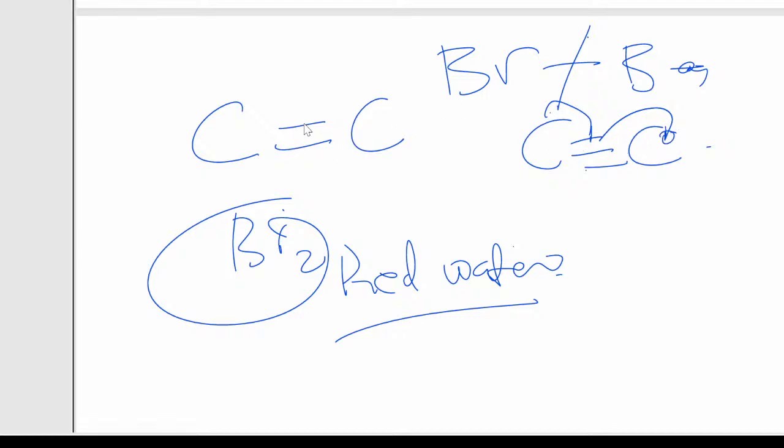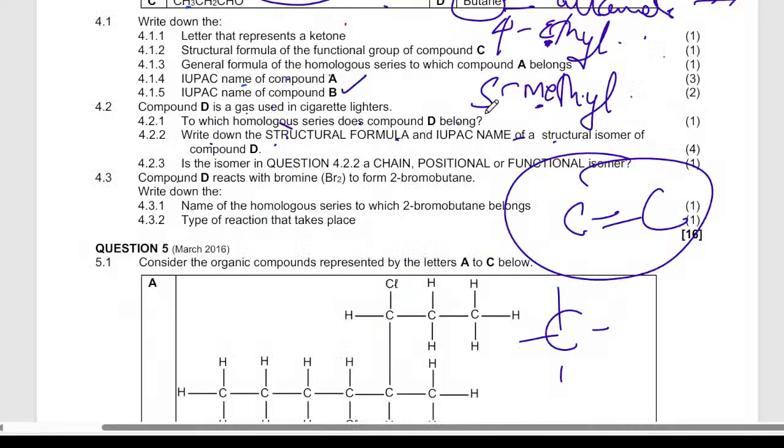If it was a double bond, one part goes there, another part goes there, then it becomes saturated. So it converts it from unsaturated to saturated. Bromine is used to test whether a compound is saturated or unsaturated.